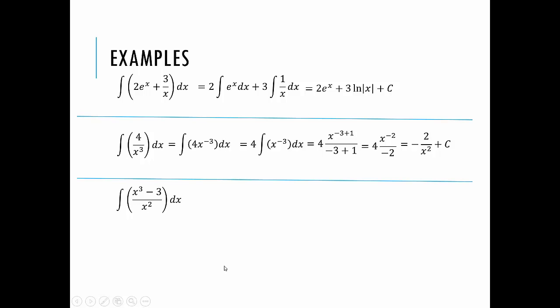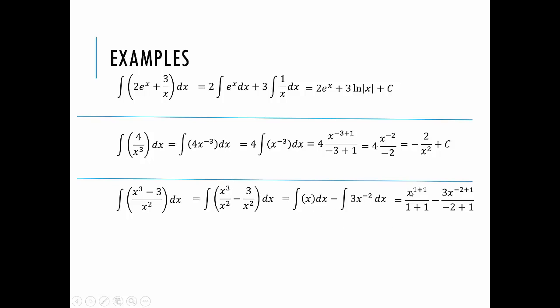Had something that looked like this. Probably what I would do is separate these into 2 fractions. And now x to the 3rd over x squared would just be x. And now I'm looking at the antiderivative of 3. I brought the x squared to the top and made this negative. So now I have power. That's x to the first power.